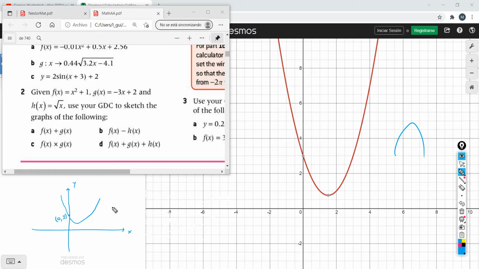Pretty much, it's just the general behavior of this function. By looking at this sketch, one understands that the function is parabolic, that the function crosses the y-axis at the value of 3, that the parabola opens upwards, and that it has this location in relation to the y and the x-axis, right? The vertex is in the first quadrant.